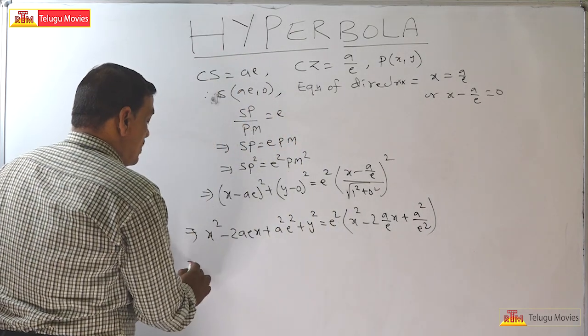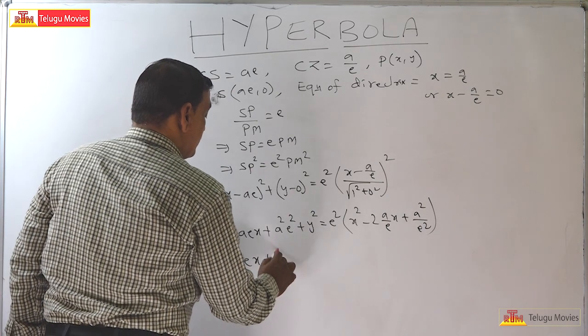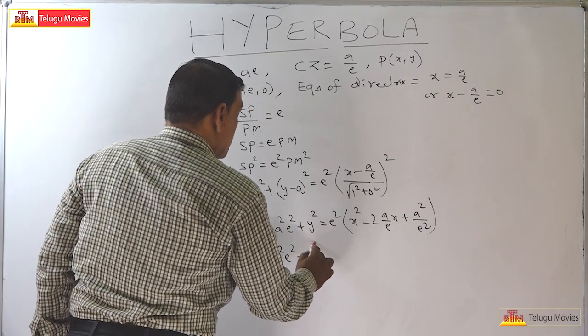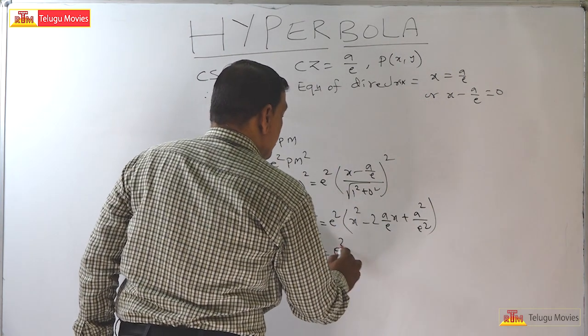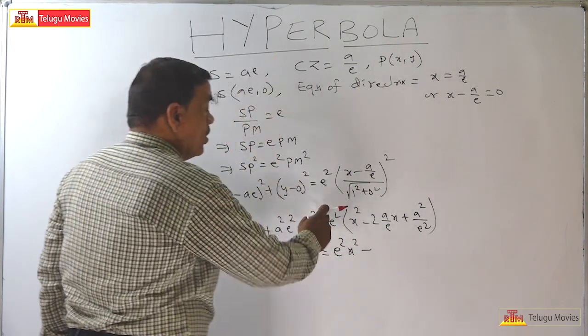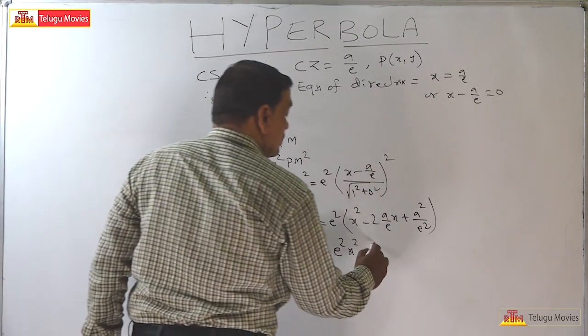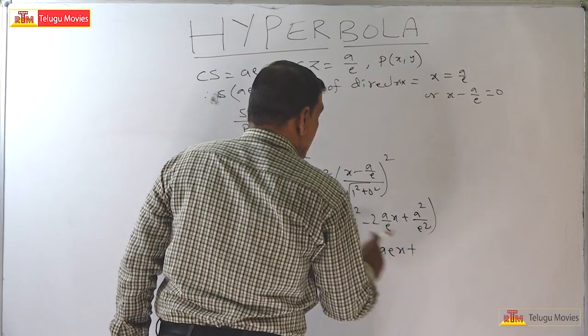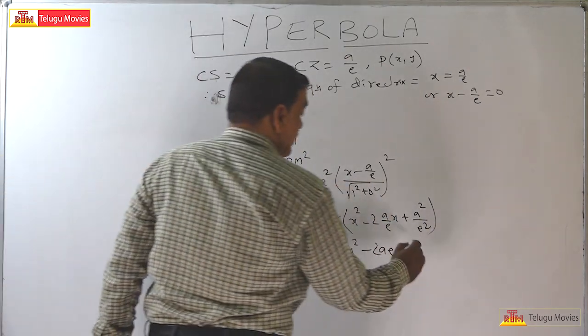Multiply inside: e square x square, minus 1 e will get cancelled. So this remains 2aex, plus e square also gets cancelled. You will get a square.